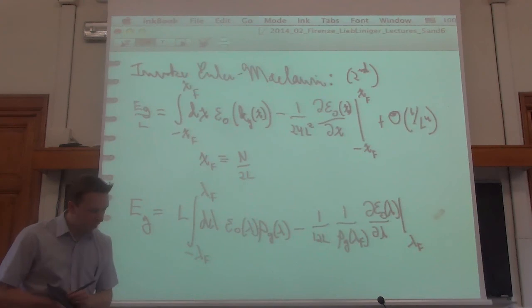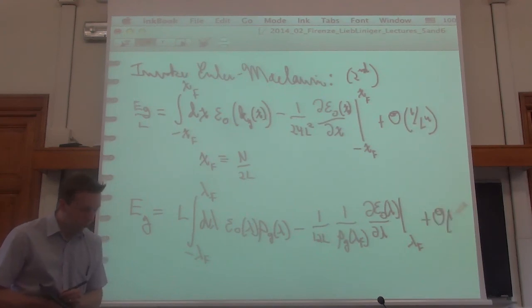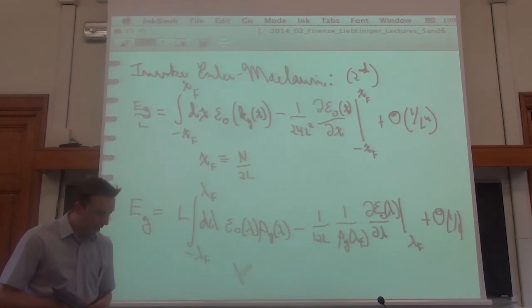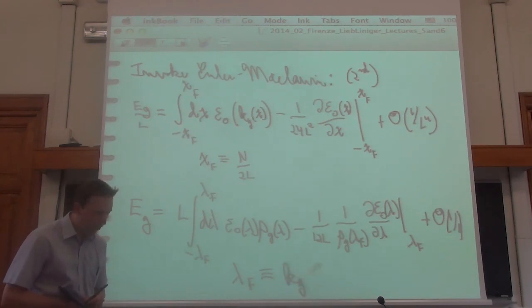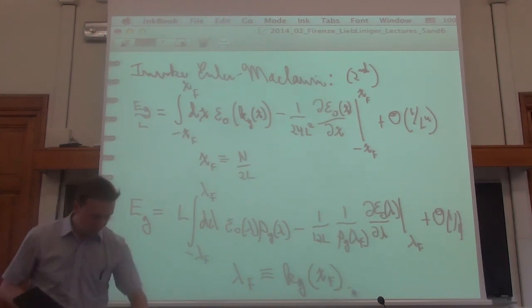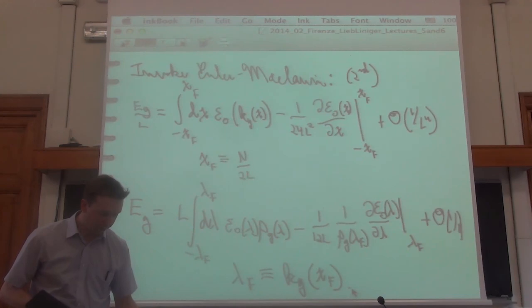Okay? Plus order 1 over L squared. Okay, where lambda f is here by definition the function that we have, this continuous function that we have written, evaluated at xf. Okay, it's again completely explicitly determined.